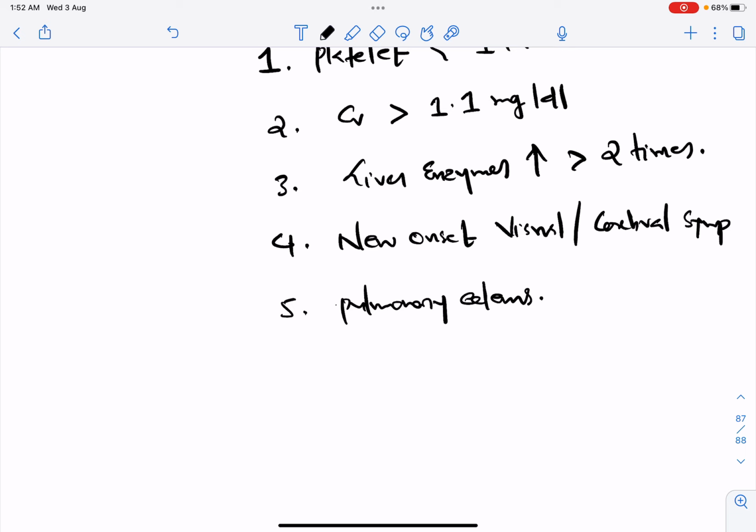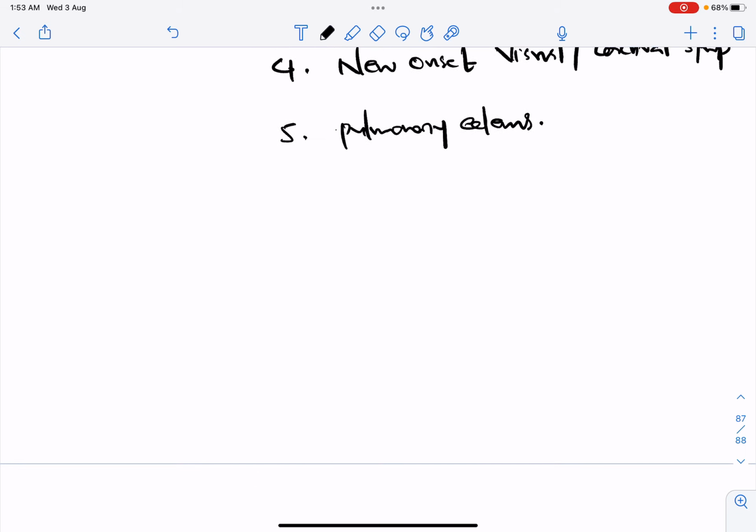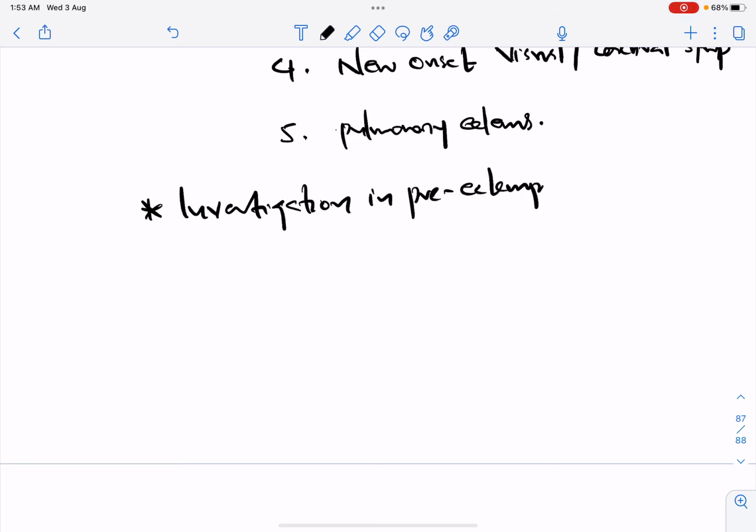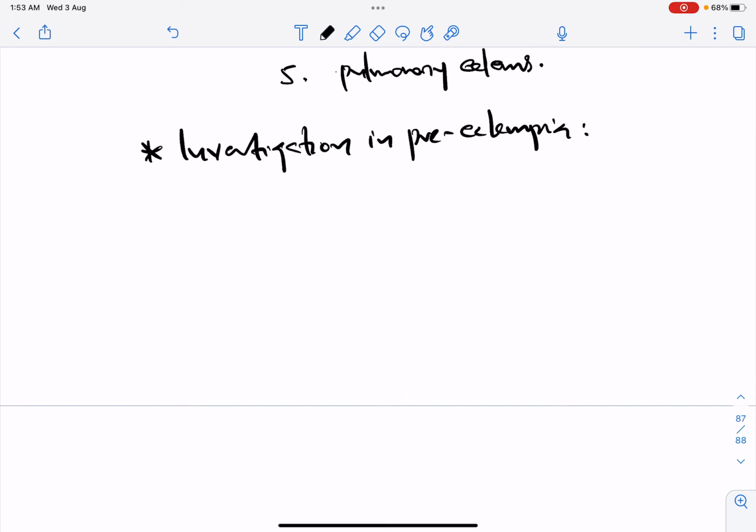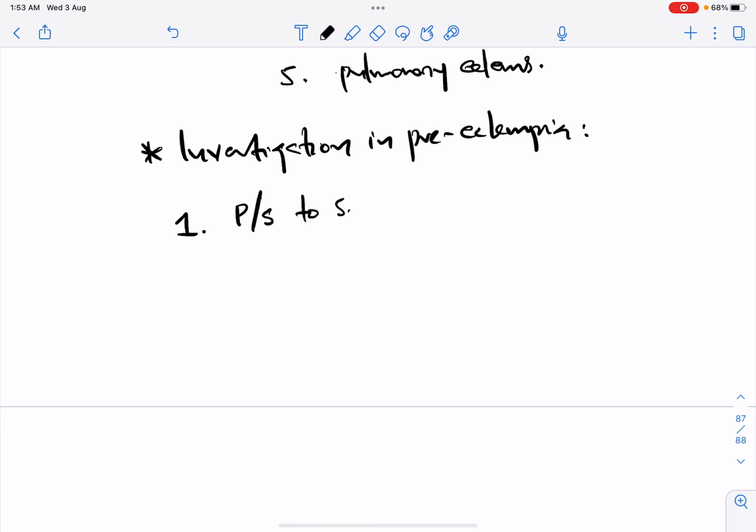Now let's discuss preeclampsia in detail. So what are the investigations done in preeclampsia? Okay, you should look at the peripheral smear to see schistocytes.